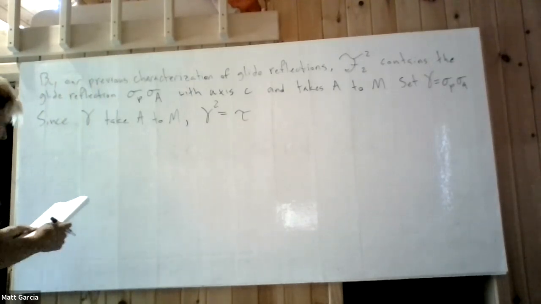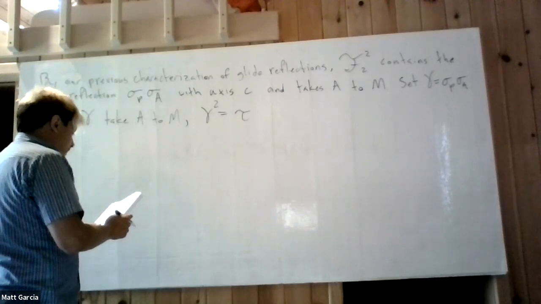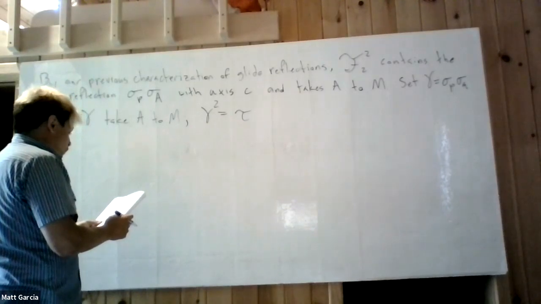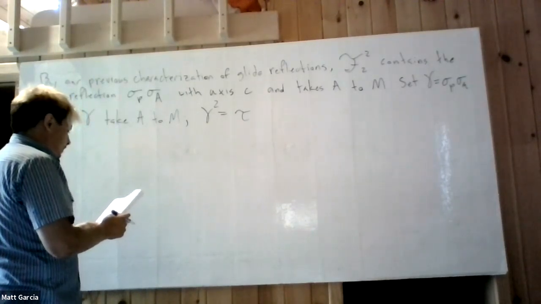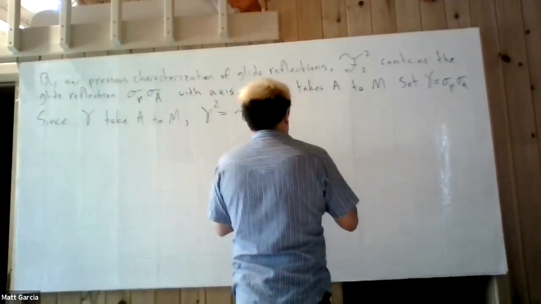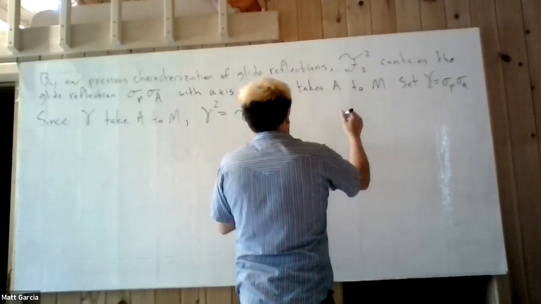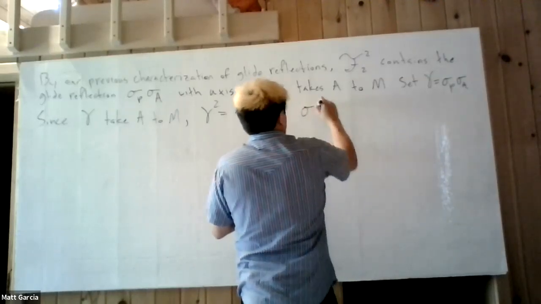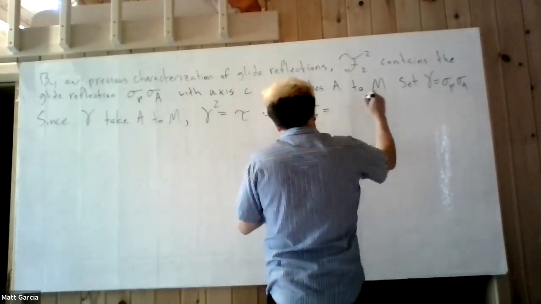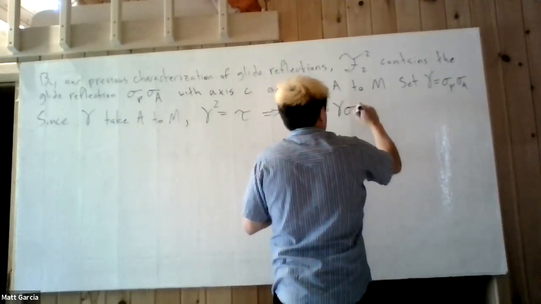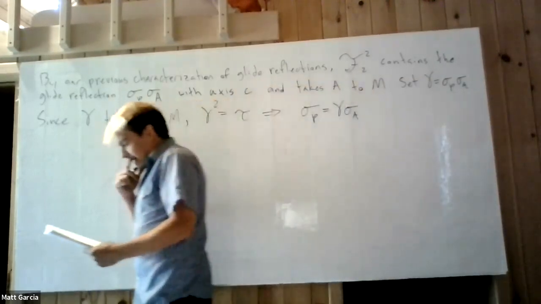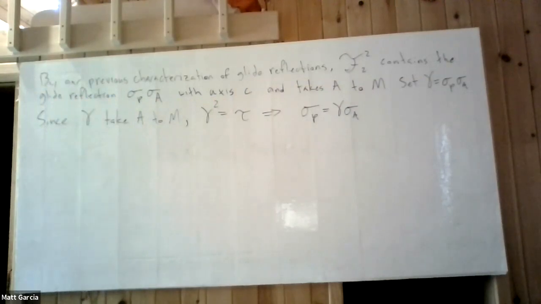So what does this tell us? Well, this implies that sigma sub p is equal to gamma sigma A. Okay, why is this important?